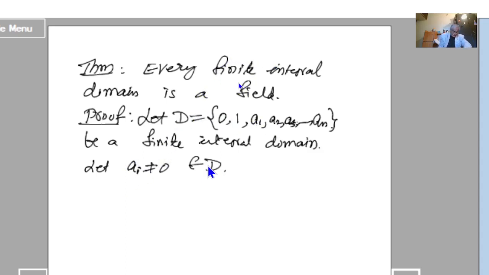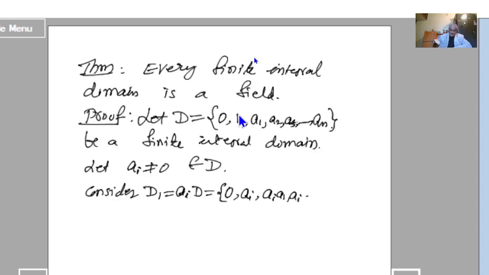Okay, so for this, consider a set. Consider say D1 is equal to AI into D. That is, multiply all the elements by AI, keeping AI on the left. So first one, AI into 0 equal to 0 itself, and AI into 1 is equal to AI. Third element is AI A1. Second element is AI A2. Third element is AI A3, and so on.